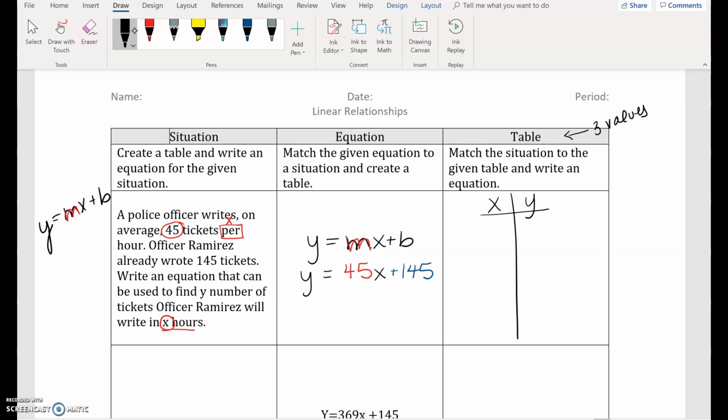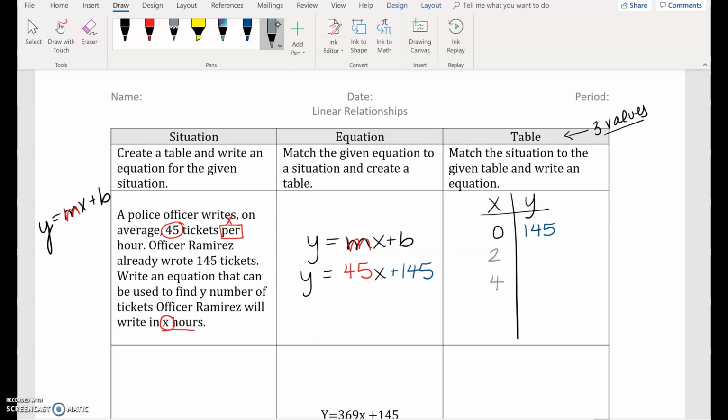That can be your y-intercept and 2 more. For example, I know my y-intercept always has an x value of 0. So 0, 145. And then I'm going to go ahead and choose another x value. So let's say I choose 2 and 4.